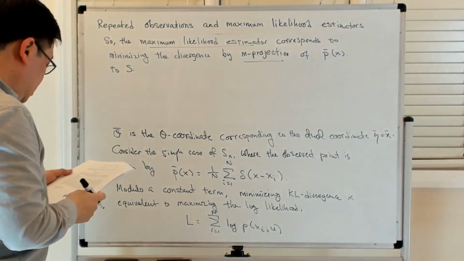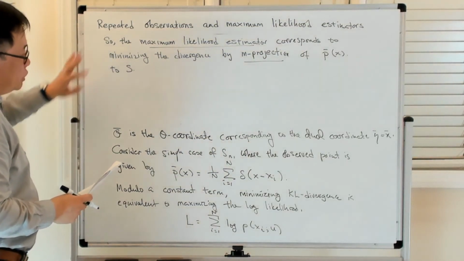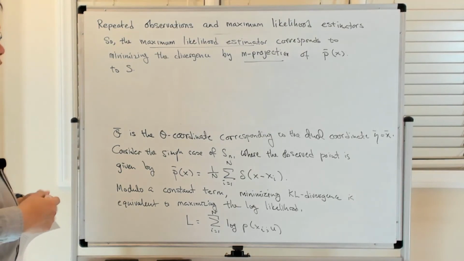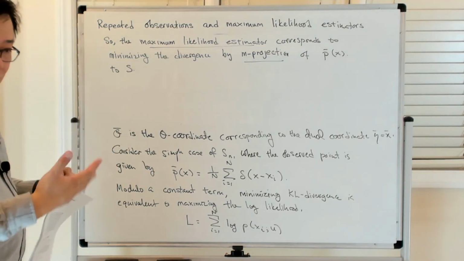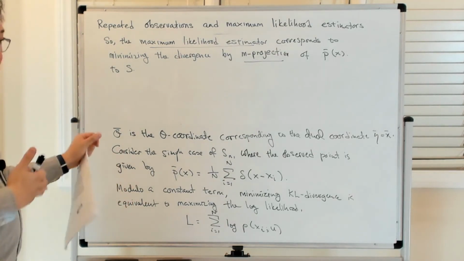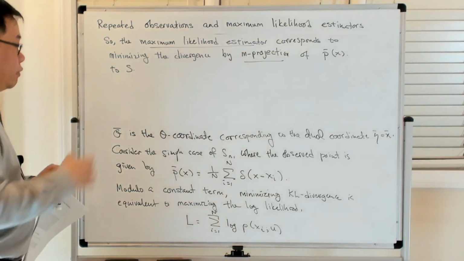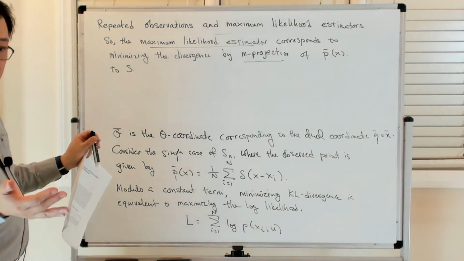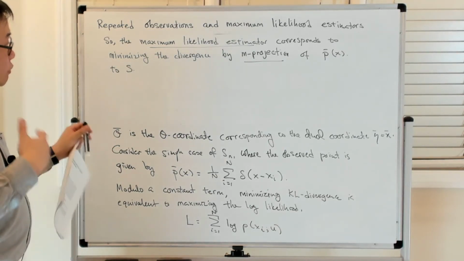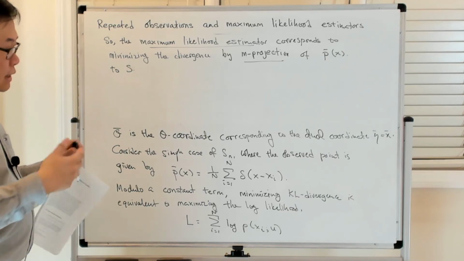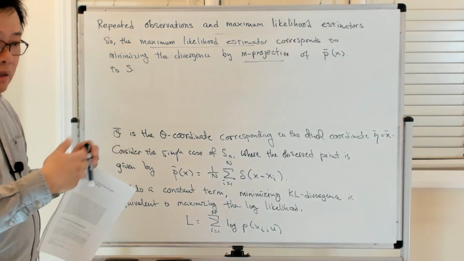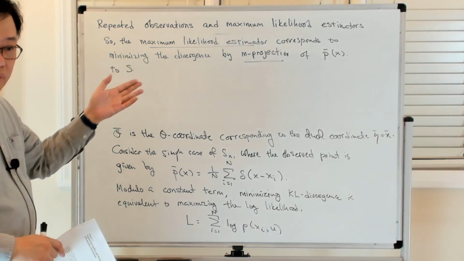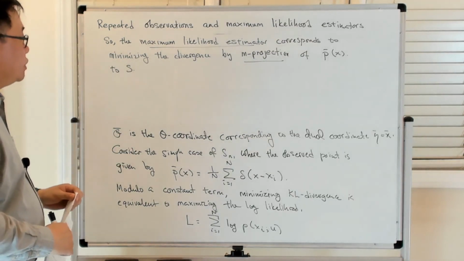Okay. So what you've seen is that many of the things one does in statistics, which is to look at observations, data, and then do some sort of statistical inference to figure out the most likely element in some space of statistical models, which represents our best guess as to the actual distribution we're sampling from, are related to various notions of projections, either primal or dual projections, or the E or M projections.